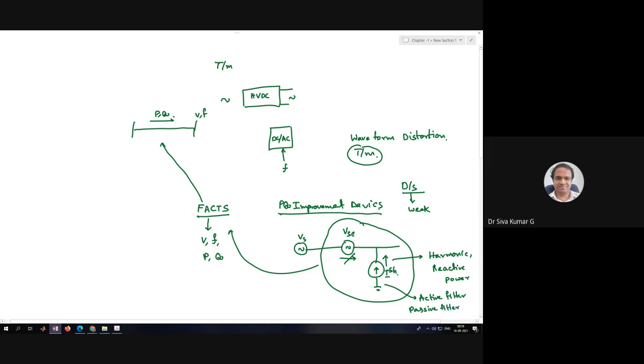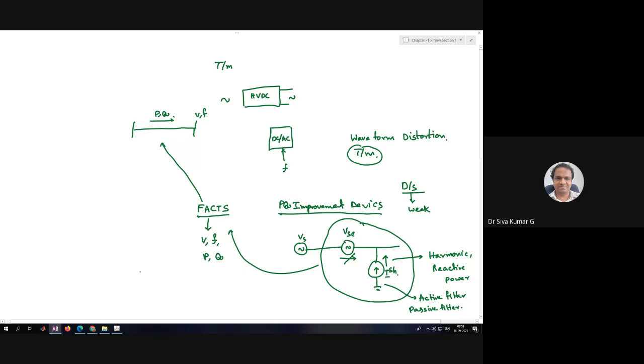See, why I'm mentioning these facts in the power quality improvement devices: the devices look similar, but the functionality is different when you go for a FACTS device and when you go for a power quality improvement device.